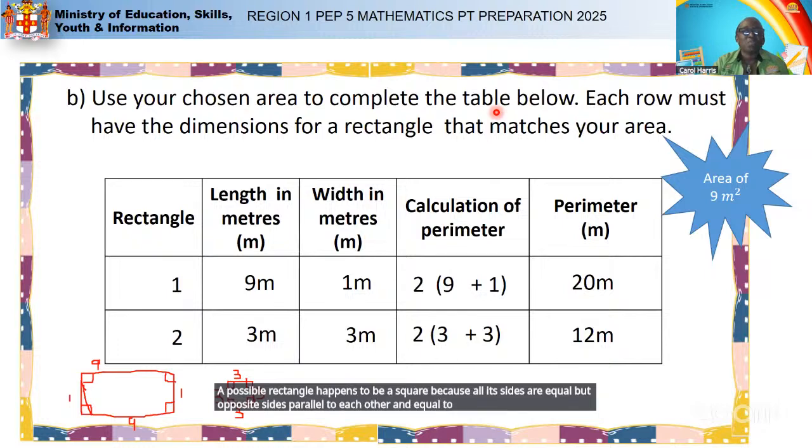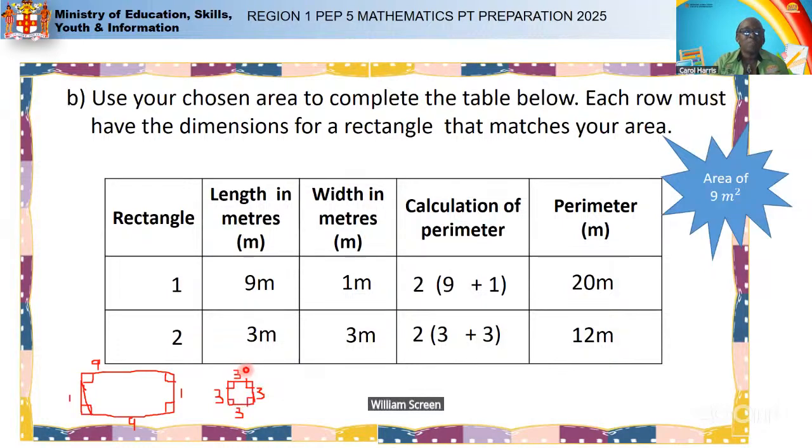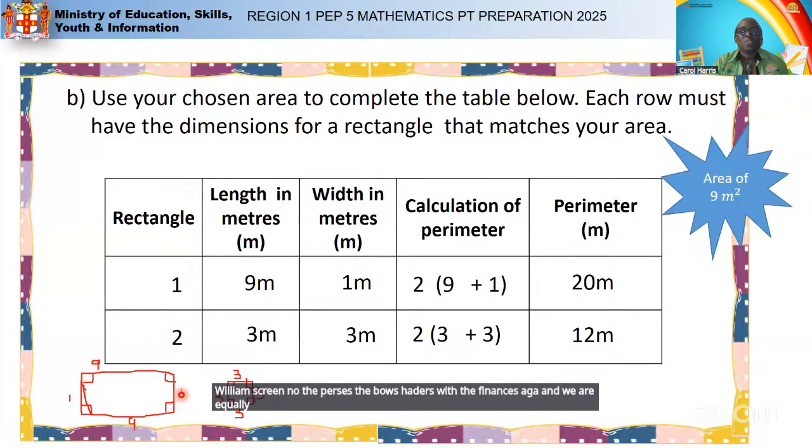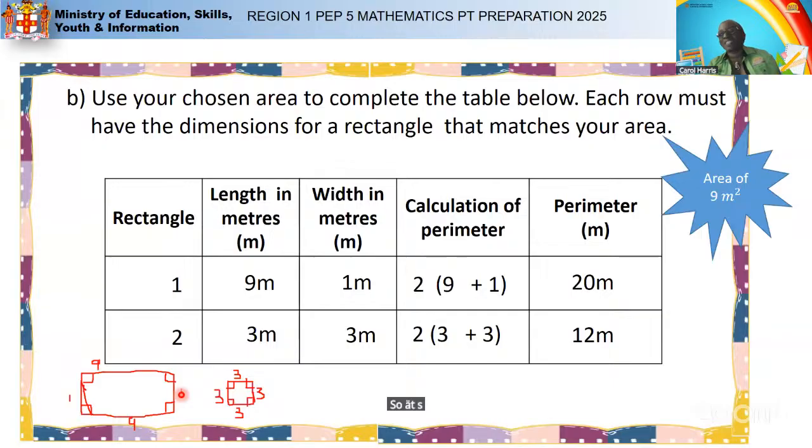As Mrs. Williams shared on the screen, the side measuring 1 faces the side measuring 1. They're both parallel to each other and they are equal in length. So I trust I'm seeing many yeses.